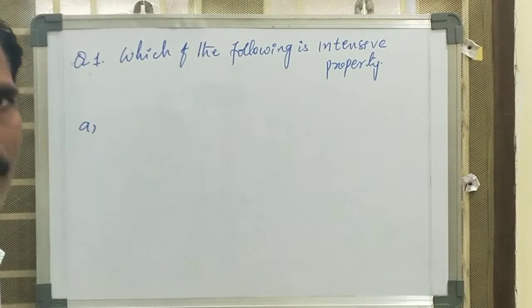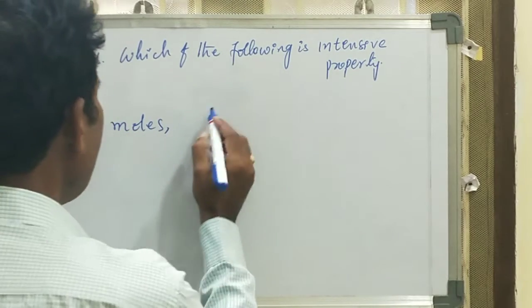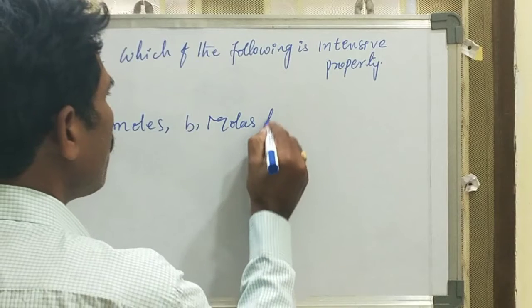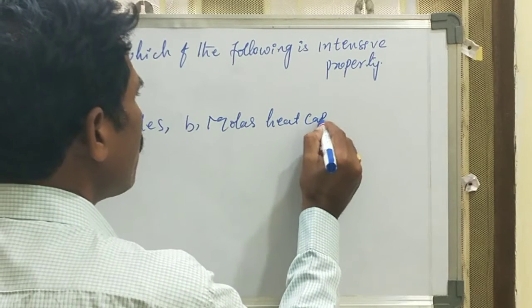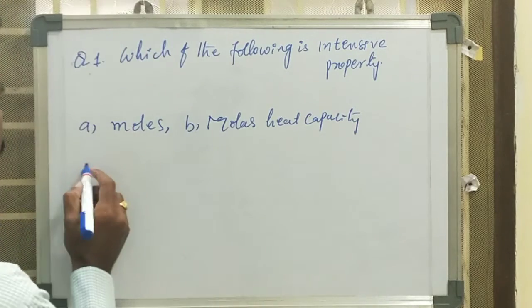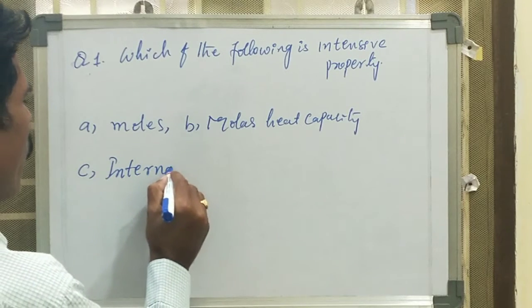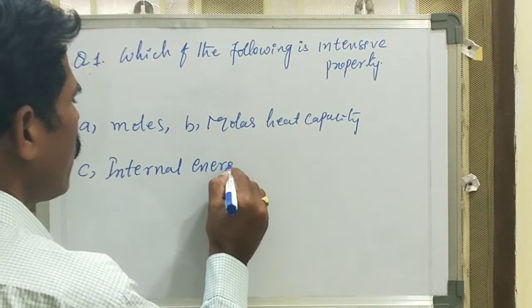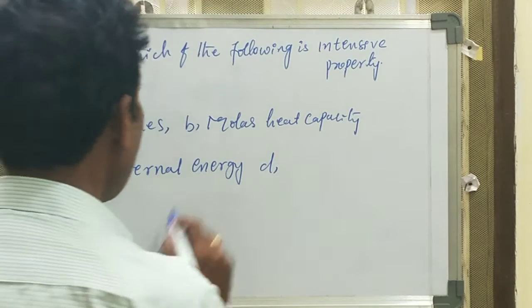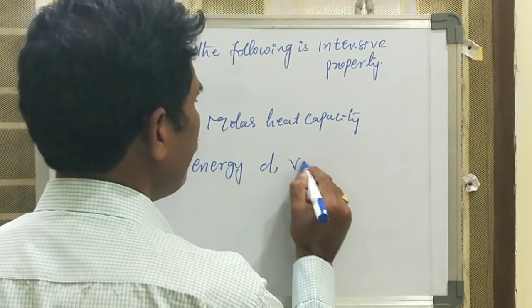Option A, moles. Option B, molar heat capacity. Option C, internal energy. Option D, internal energy and volume.